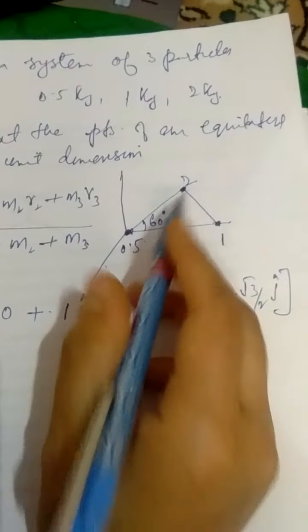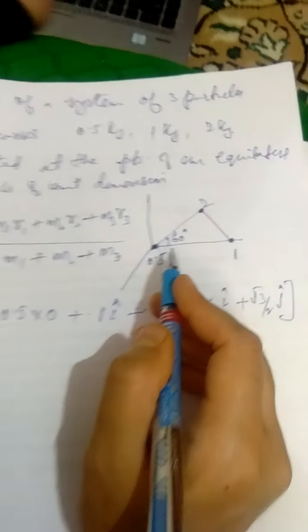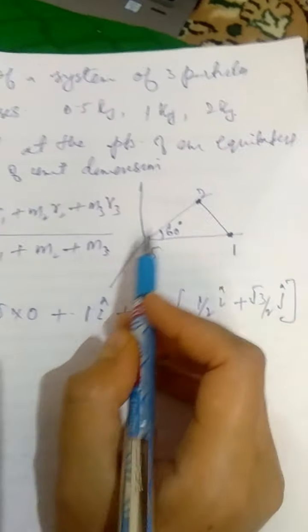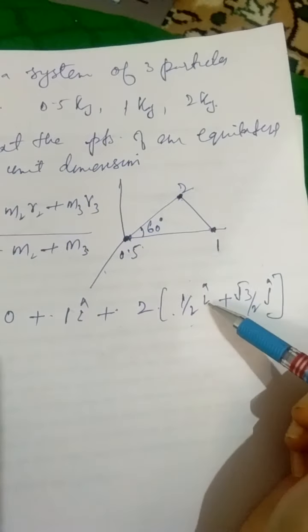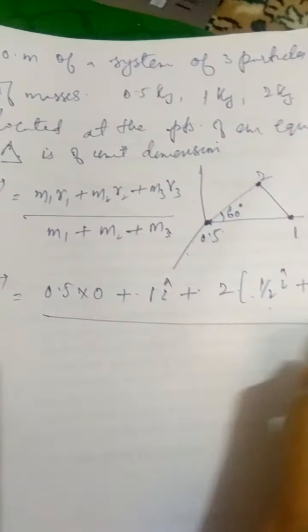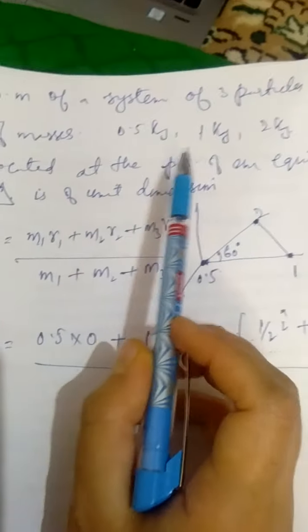We know that all three angles of an equilateral triangle are 60 degrees. So we resolve this, right? We get the x coordinate as 1 by 2 I and the y coordinate as root 3 by 2 j, divided by the total mass, that is 1 plus 0.5 plus 2, that is 3.5.